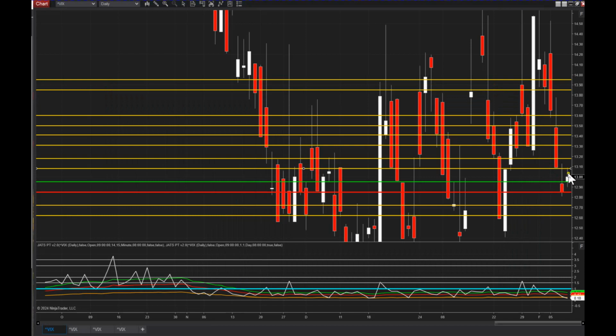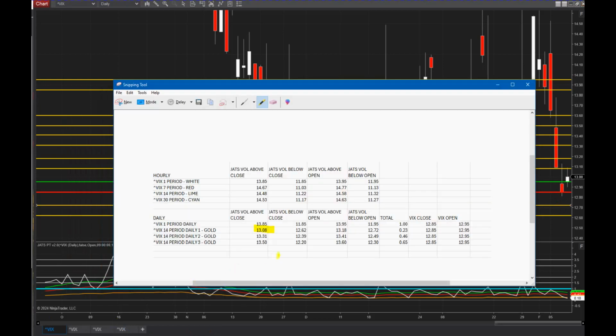And so if we see lower volatility, we might return to this prior close and perhaps the lower level at 1272, which is right here below the open.